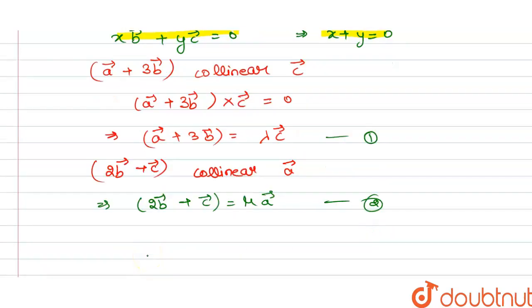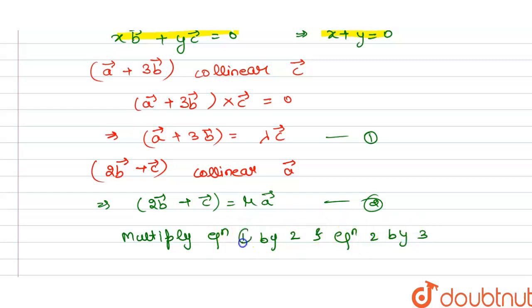On solving 1 and 2, we multiply equation 1 by 2 and equation 2 by 3. So equation 1 becomes 2a plus 6b equals 2 lambda c. This is equation 3.